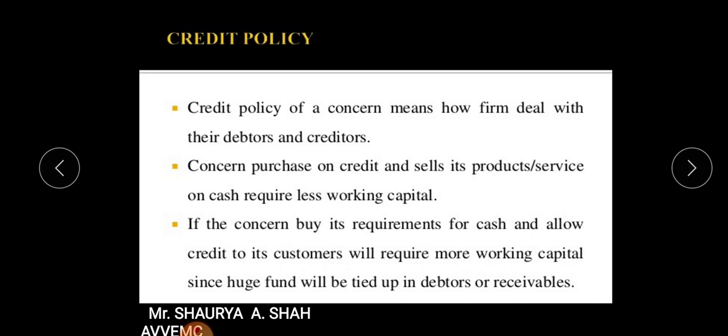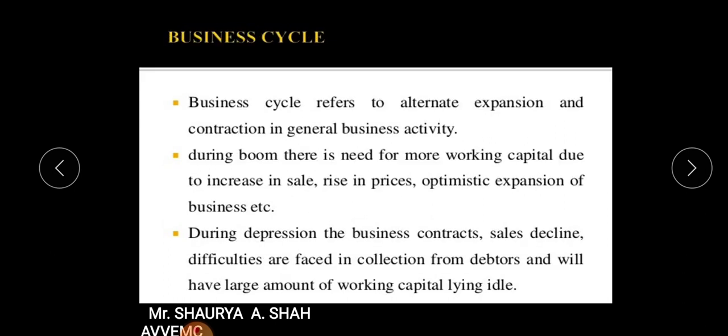So 100 rupees I have already paid, but 200 I will receive after a certain period of time. So that will lead to blockage of huge working capital in a firm. So it depends upon the policy of the firm, that is known as credit policy, either credit given or credit received. Fine. I hope it is clear to each and every student.